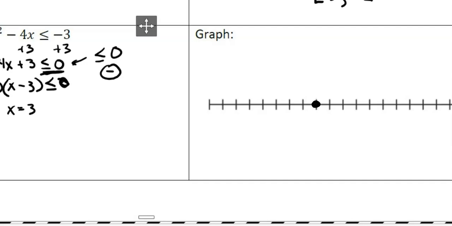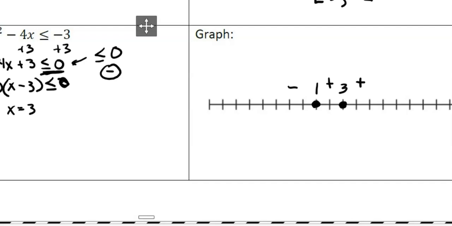We're going to use a closed dot because it can be equal. There's 1, 2, 3. We make our sign chart. To the left of 1 would be negative. In between, and then to the right would be positive and positive.